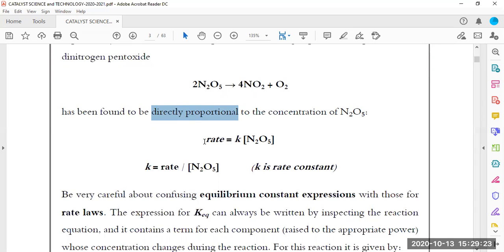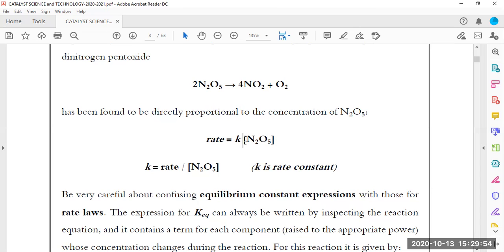We can put that mathematically to say rate equals k, that's a constant. As you know, in mathematics, when you have direct proportionality, you can turn that proportionality into an equation by adding a constant factor, which is usually called k. And of course, k equals rate divided by concentration.